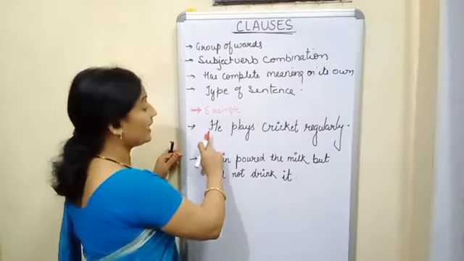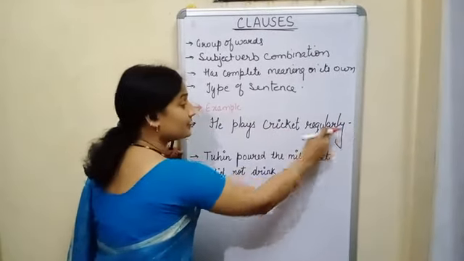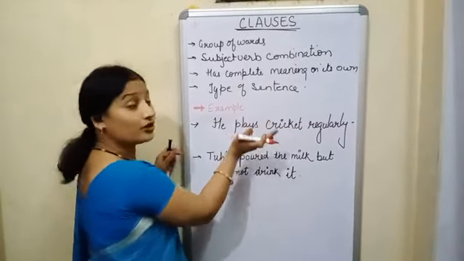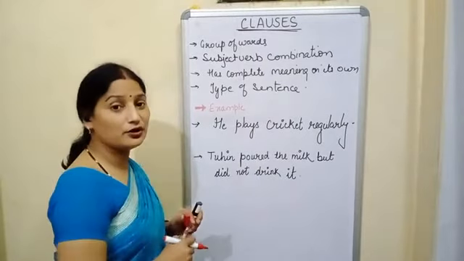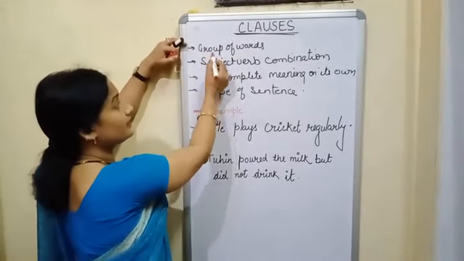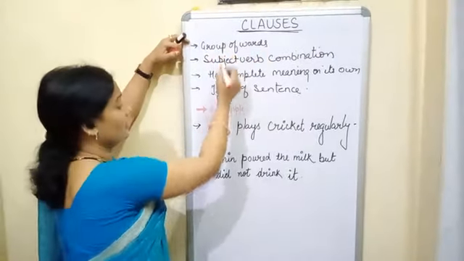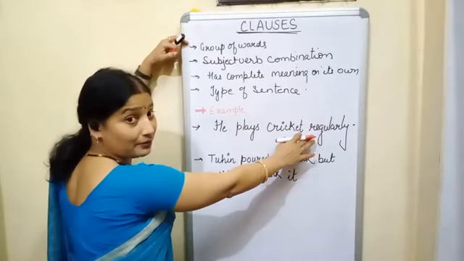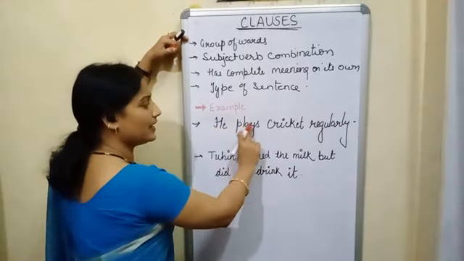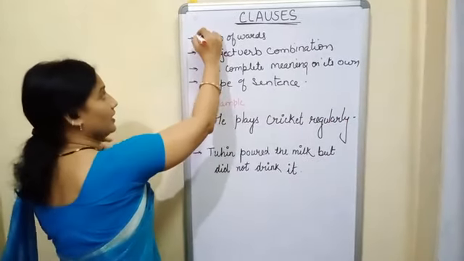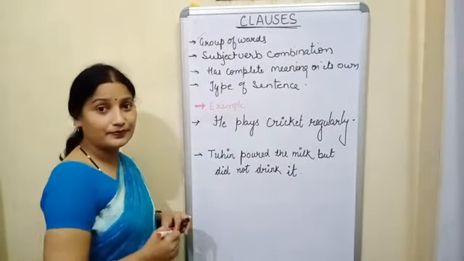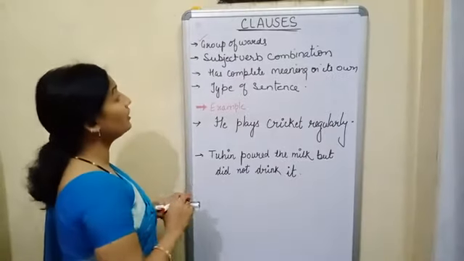Now we will see whether this sentence comes under clauses or not. What is the first rule of a clause? That it is a group of words. Is it fulfilling our requirement? Yes. He plays cricket regularly. Definitely it is a group of words. So this is okay.